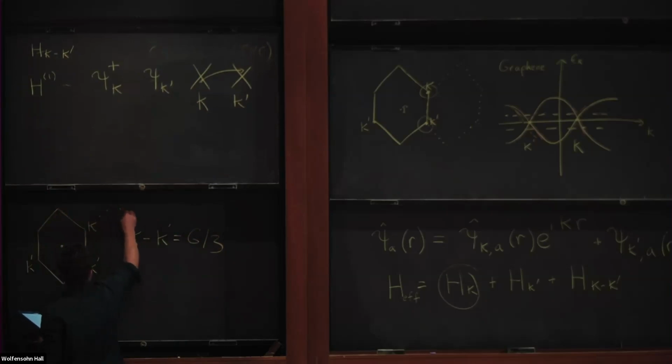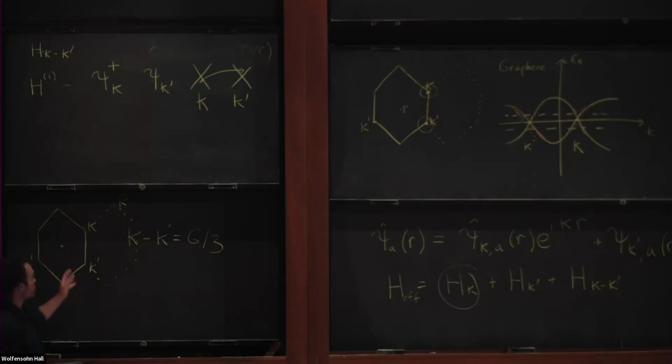One way we can see that is, let me make another copy of the Brillouin zone here. And this is K prime. If you move along this line here, you'll see that going from K to K prime is the same as going from gamma to K. And if you do it 1, 2, and then a third time there, you'd come back to a replica of the gamma point. Okay, so we know 3 times (K minus K prime) is G, so K minus K prime is G over 3.